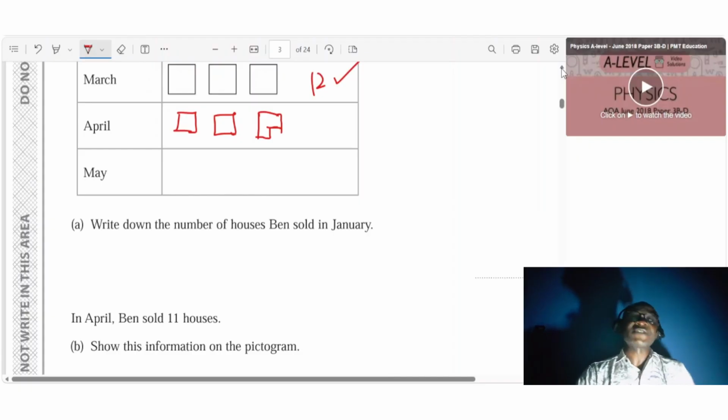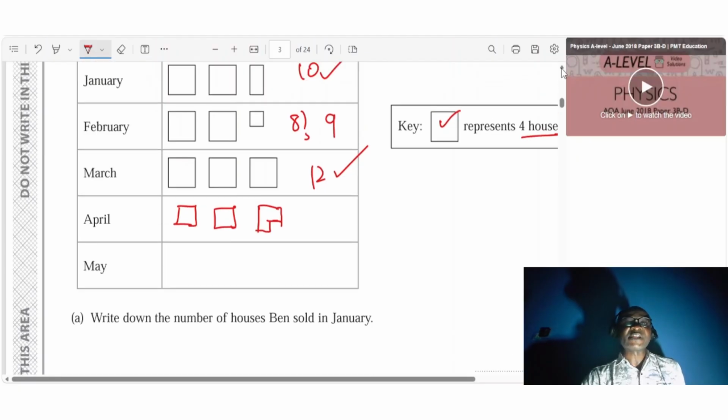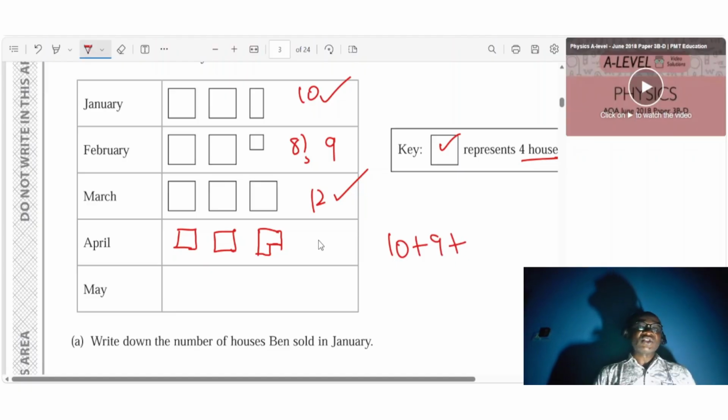Remember a square is 4 houses. And they say for your calculation, 60 were sold in the first 5 months. So how many were sold in May? That is going to be 10 plus 9 plus 11 plus 11.